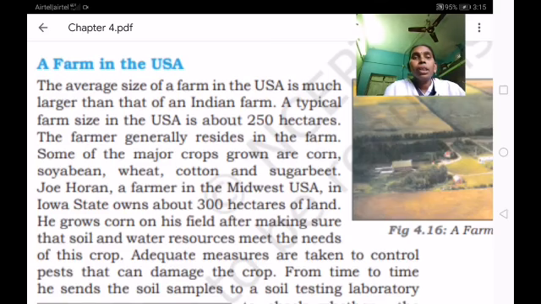The farmer generally resides on the farm. Some of the major crops grown are corn, soya bean, wheat, cotton, and sugar beet.